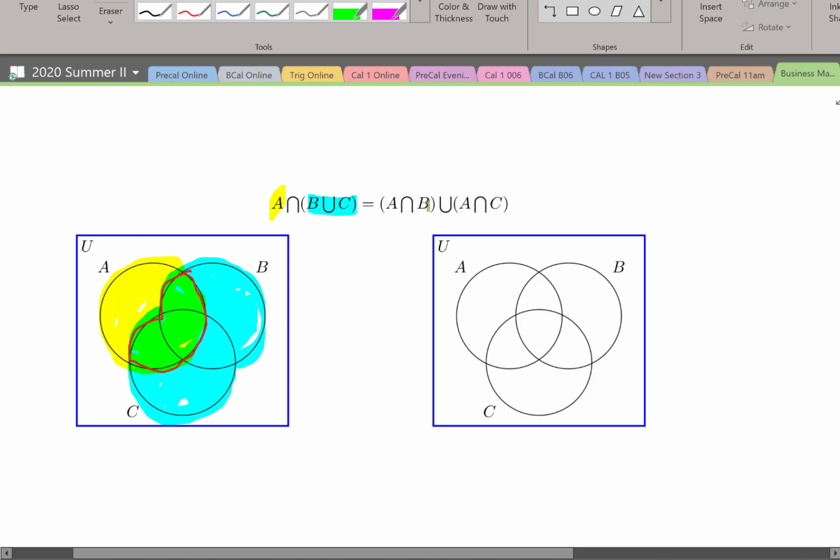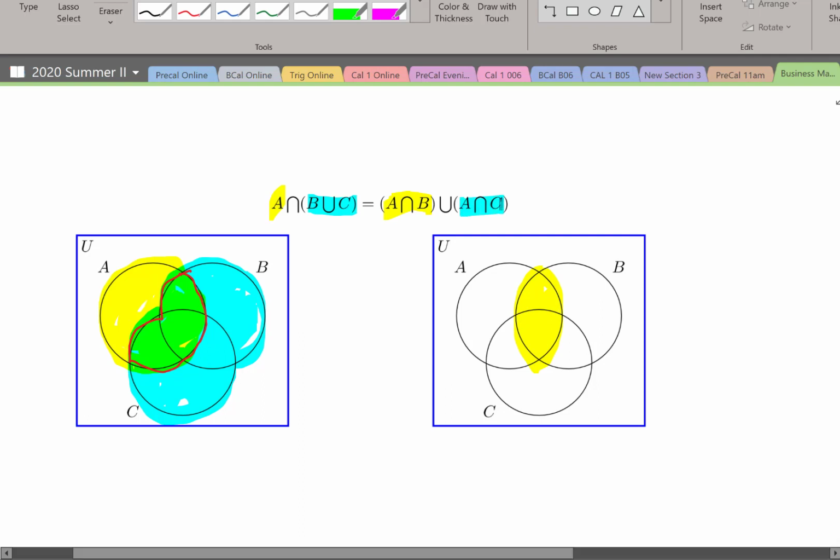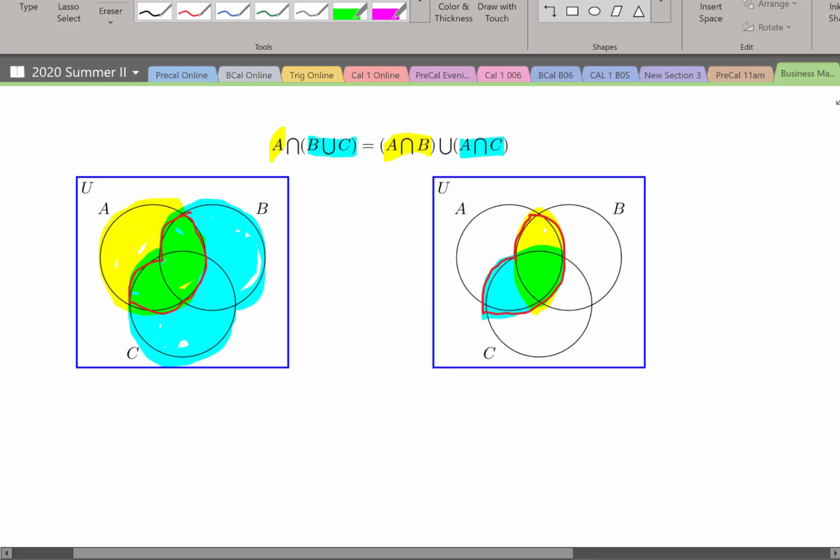Okay, and so the right-hand side of the equation, we look at A intersect B. And then we look at A intersect C. And we are looking at the union of everything that we've highlighted here. Which is that right there. Left-hand side of the equation equals the right-hand side of the equation.